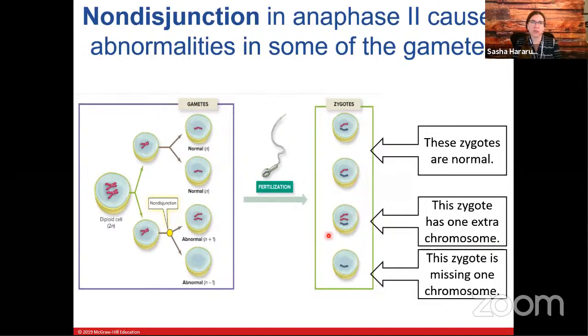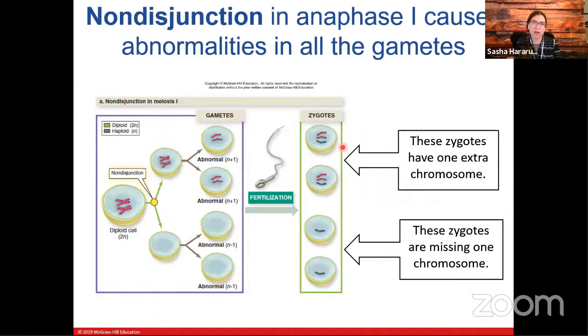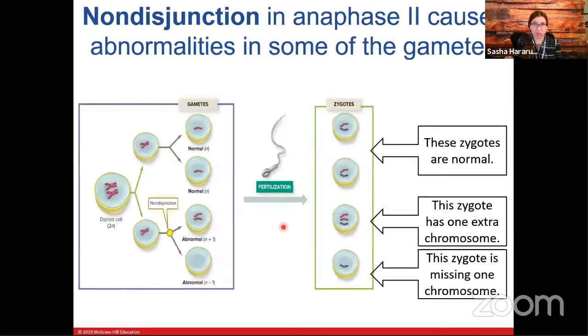So if non-disjunction occurs during anaphase 2, there is a 50% chance that the zygotes will be fine. But when non-disjunction occurs during anaphase 1, there is no chance that the zygotes resulting from these abnormal gametes are going to be normal. So non-disjunction during anaphase 1 is worse than non-disjunction during anaphase 2, because non-disjunction in anaphase 2 has a 50% chance of normal zygotes. So non-disjunction can be lethal.